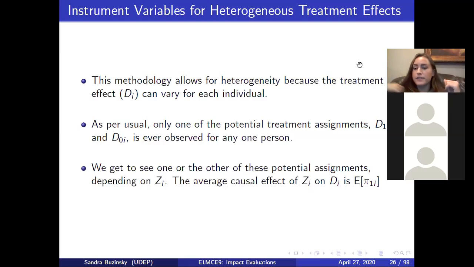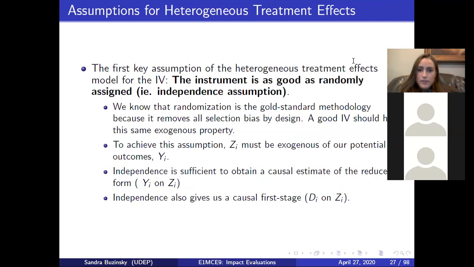For instance, being closer to the tower makes some people watch television, but makes other people not watch television. If you have opposite effects of Zi on Di, it's really impossible to interpret. So that's why we need Zi to affect Di in the same direction for everyone.